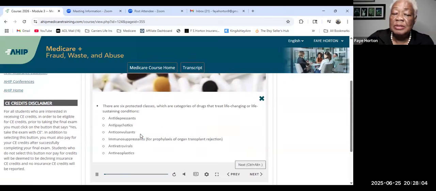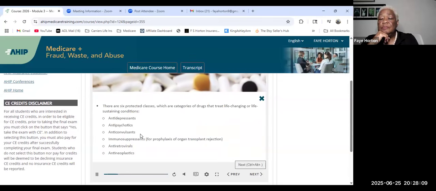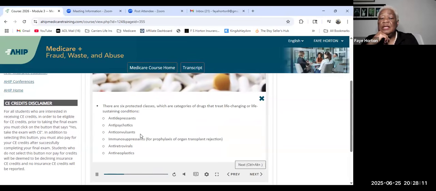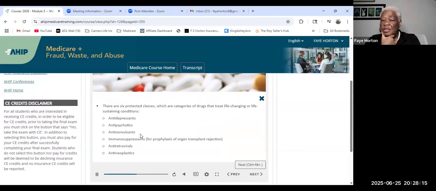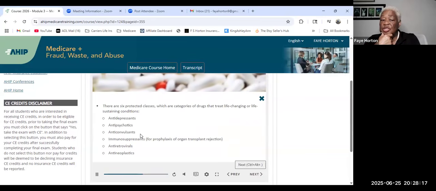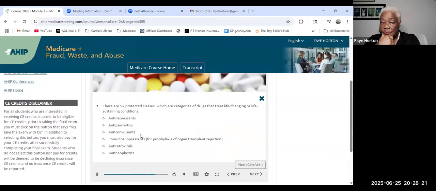These are the 6 protected classes of drugs. These 6 protected classes are categories of drugs that treat life-changing or life-sustaining conditions.